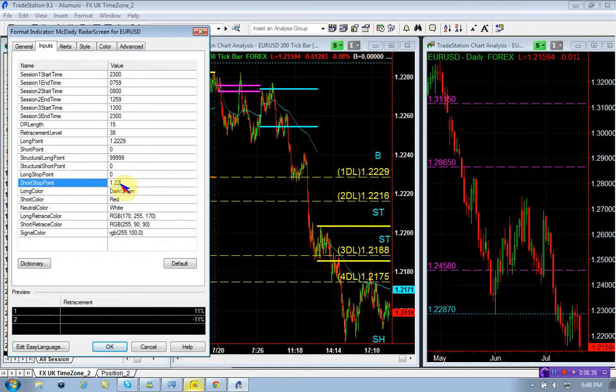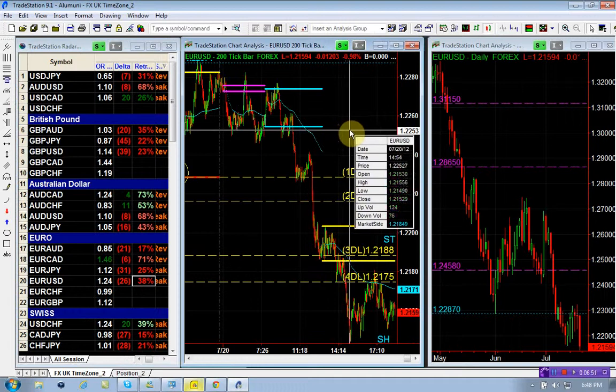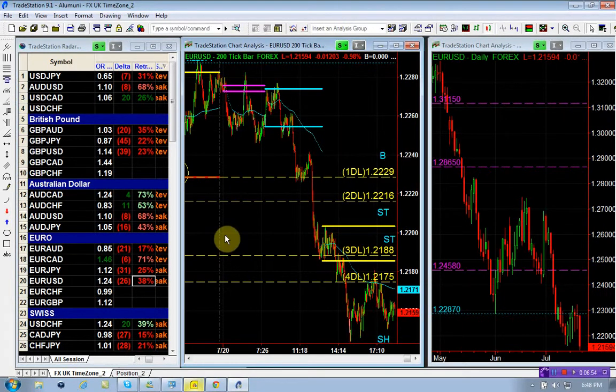Let's make it 122 even. On the short side, I'm going to go short below the low of the day, which is 121.43.